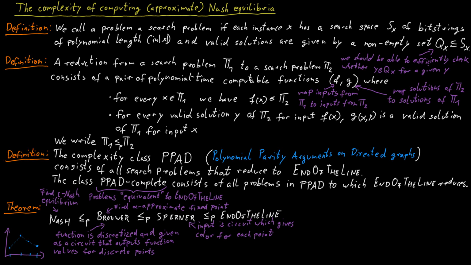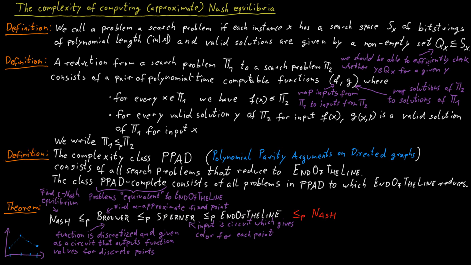Now, the really big result, and a relatively recent result, is that all of this also goes in the other direction. This problem end of the line, in fact, reduces to Nash. This is a complicated proof, but it was really a breakthrough result.